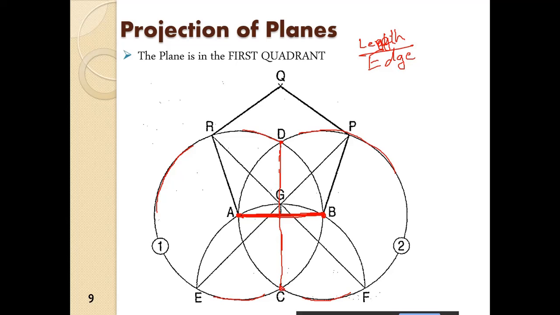Then at point C, with the same radius as AB, all right, with point C we draw this arc.